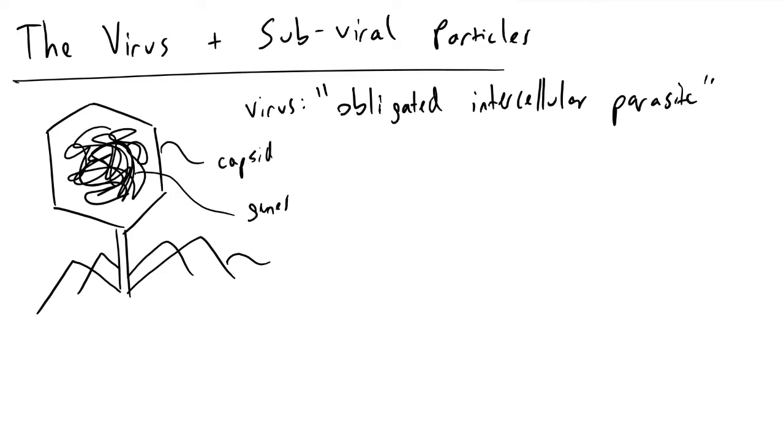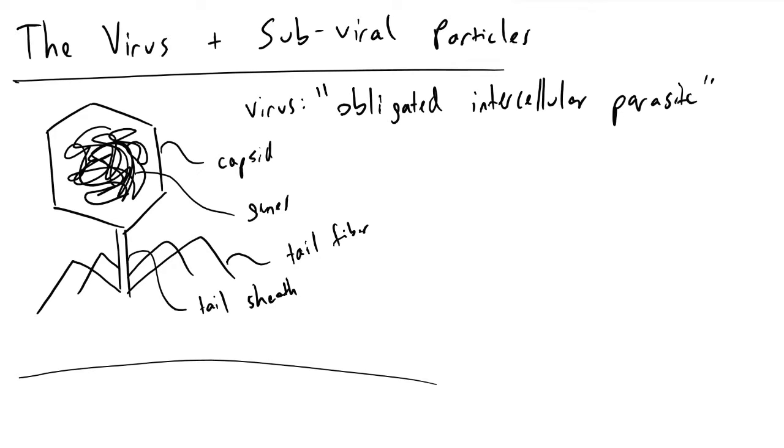We've also got these things referred to as tail fibers that are on the end of the virus, as well as these things which are referred to as tail sheaths. And what will happen is, if we imagine we had some kind of cell here at the surface, there's going to be some kind of cell receptor.